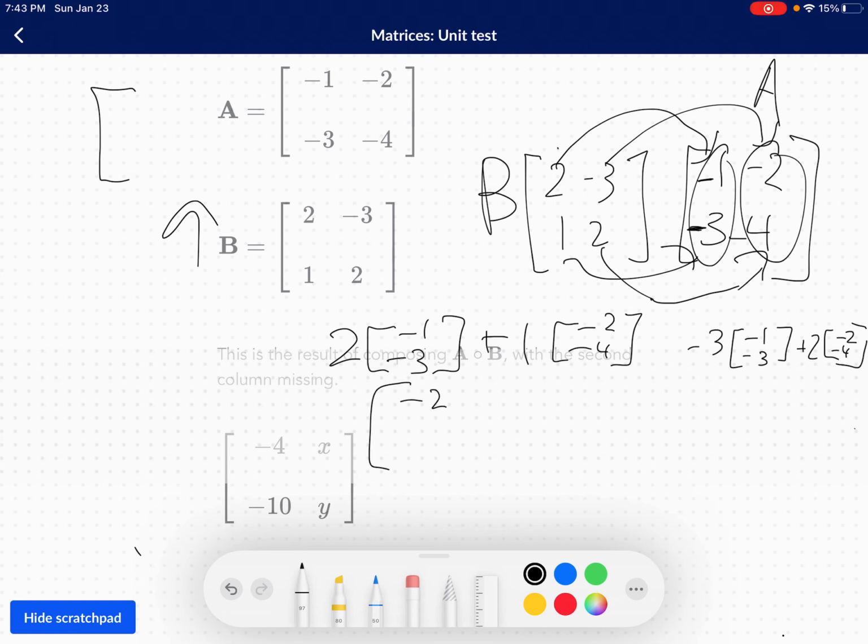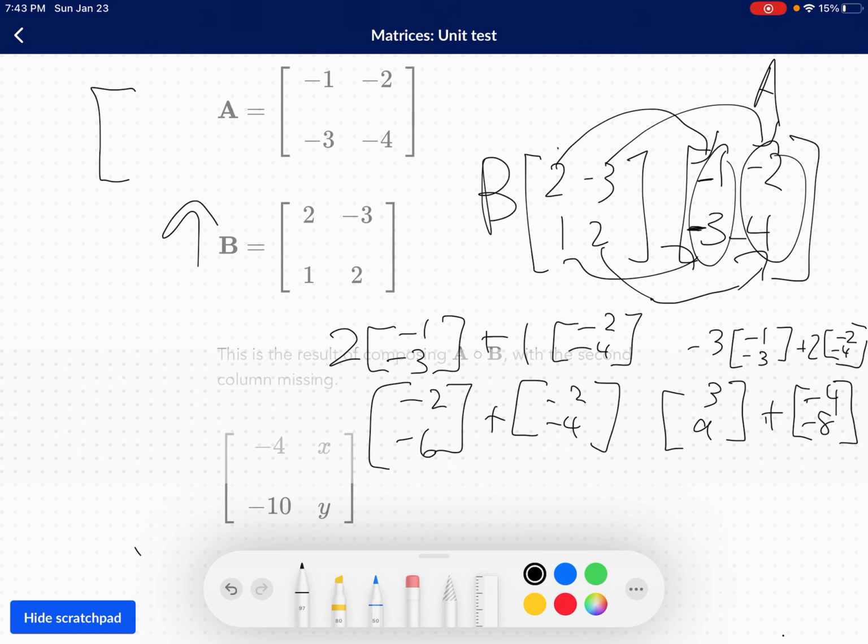You evaluate this, negative 2, negative 6, plus negative 2, negative 4, and then get 3, 9 here, plus negative 4, negative 8, and then you evaluate this, you get negative 4, negative 10 here, and there you get negative 1 and 1.